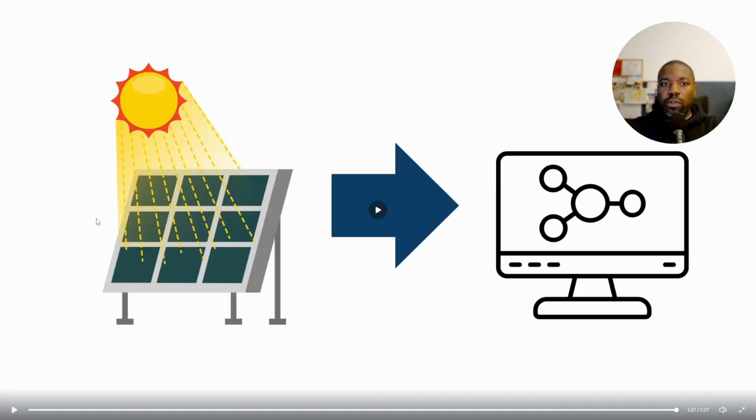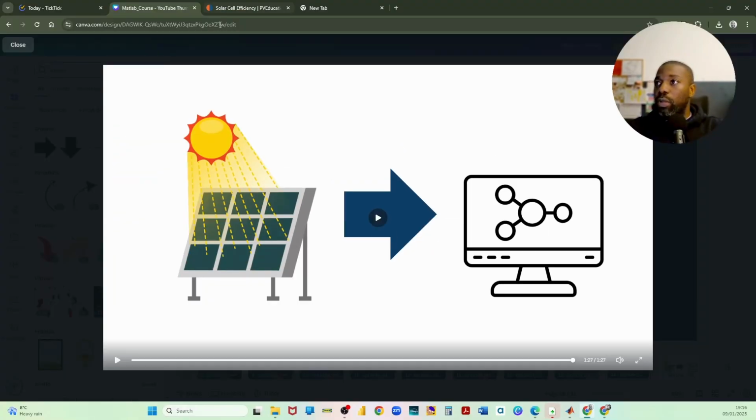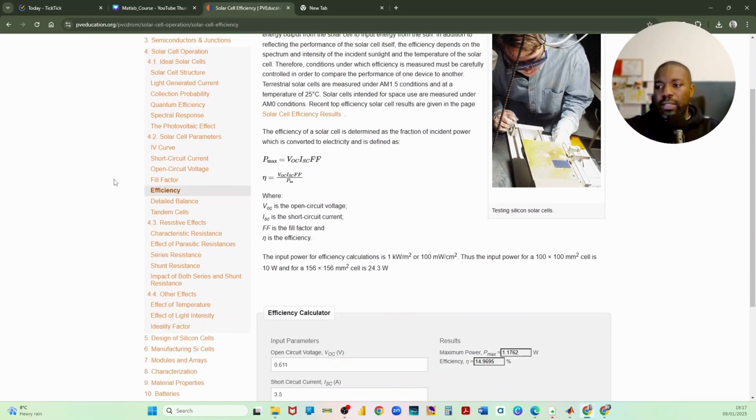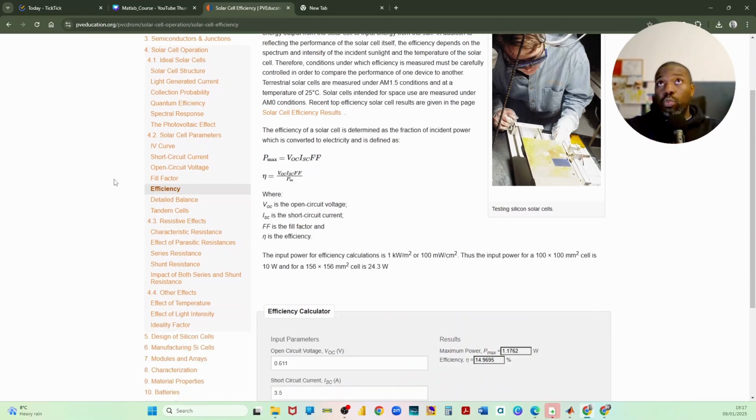Now, the one thing that solar panels tell us is they have a specific efficiency, and we spoke about that a couple of episodes ago. That is something we should take into account when we are looking at solar panels.